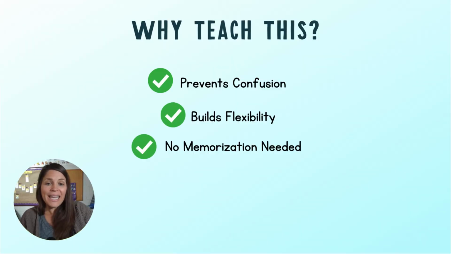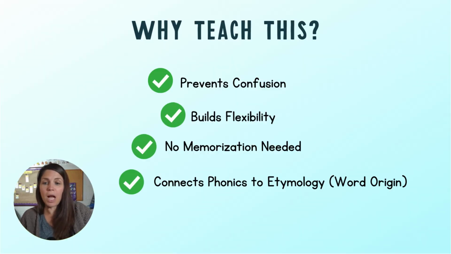And then finally, it connects phonics to etymology. Whenever possible, we want to teach kids that English is not random or illogical. When you introduce closed syllable exceptions, you can almost give kids a brief history lesson. You can explain that these actually are old words. They're fossils of very old Anglo-Saxon words.